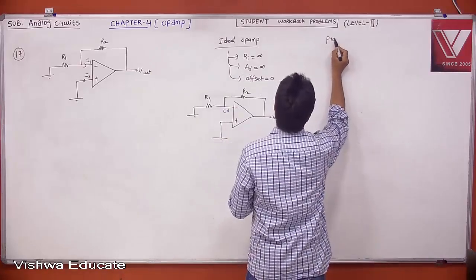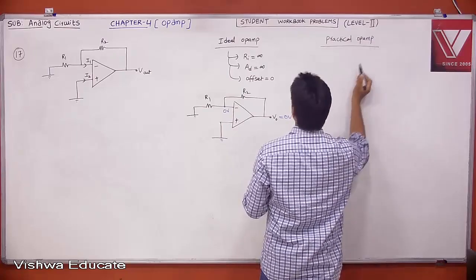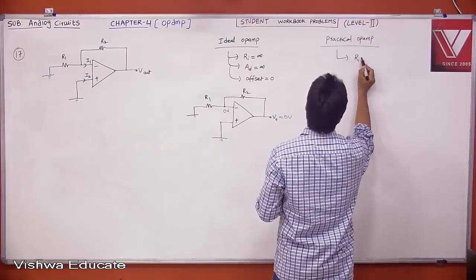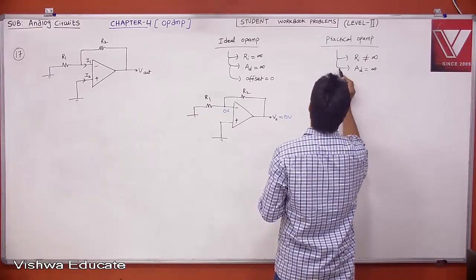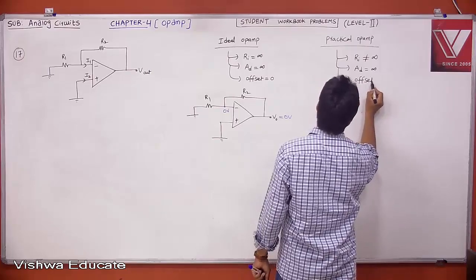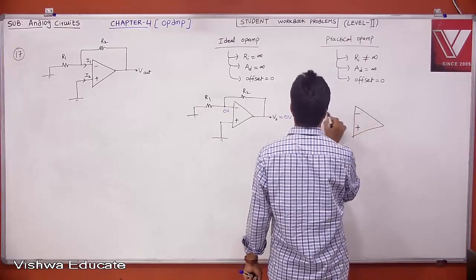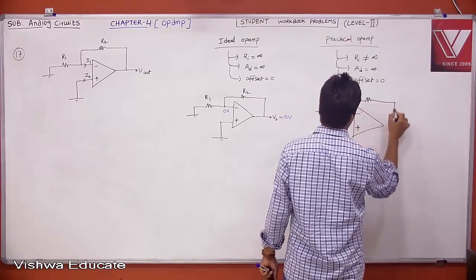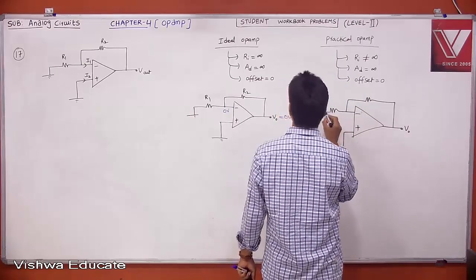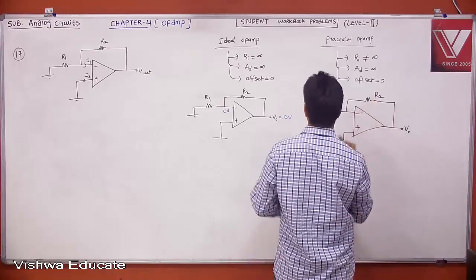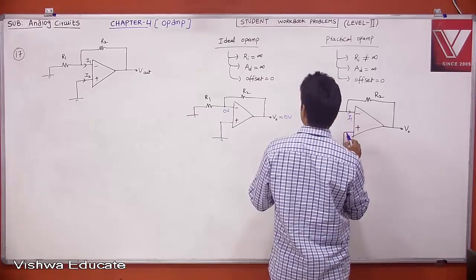Now, if you take the practical op-amp, the op-amp that he has given, where now Ri is not infinity, it is finite, but AD is infinity, and the offset is 0. That is what he told, right? Then what is your V0? This is minus, this is plus. This is your V0, this is your current, and this is R1, R2. But now remember, this is your I1, the current entering into your op-amp, and this is your I2.